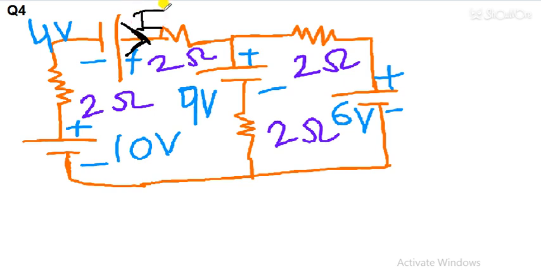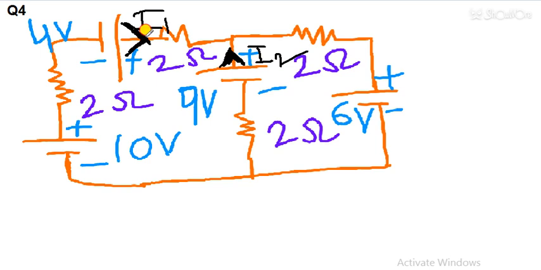Now a 9 volt battery is there, and I assume some current will also come from it, so let's take it as I2. The direction of I2 is upward. Okay, I2 is clear.